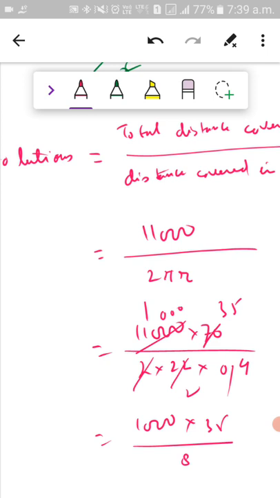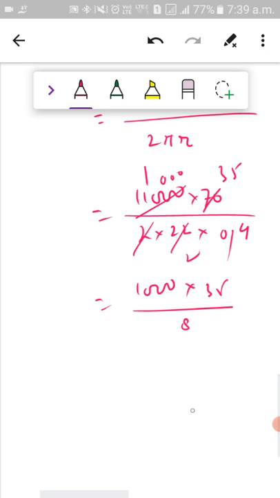So we'll cancel it out, it will give us 4375 revolutions. Okay, right? So each wheel will make 4375 revolutions in 10 minutes. Okay.